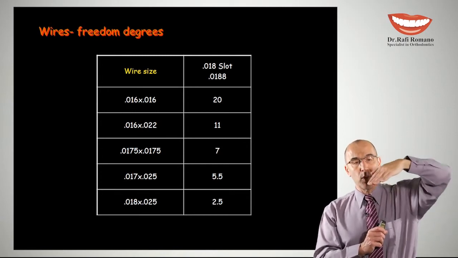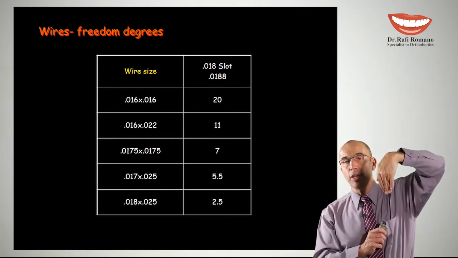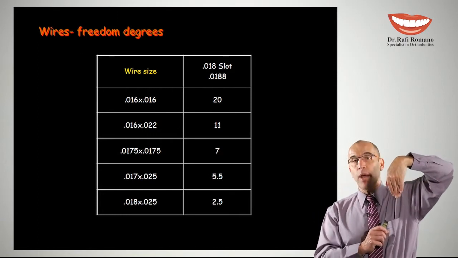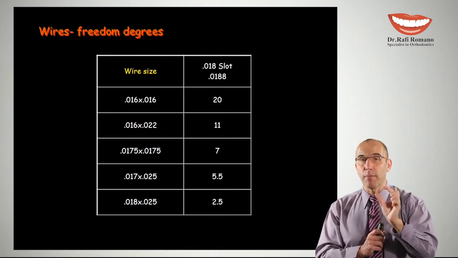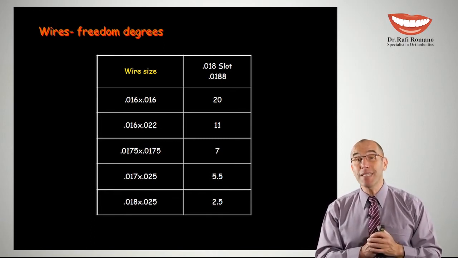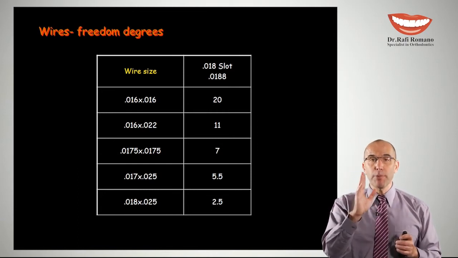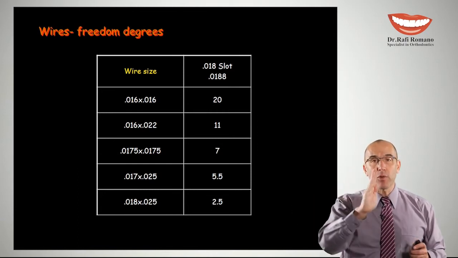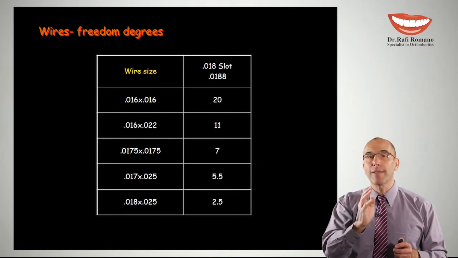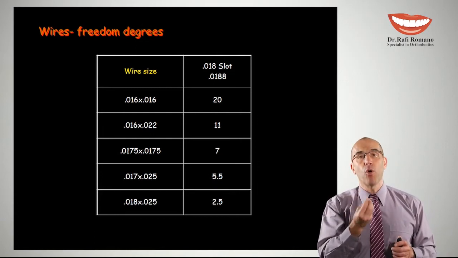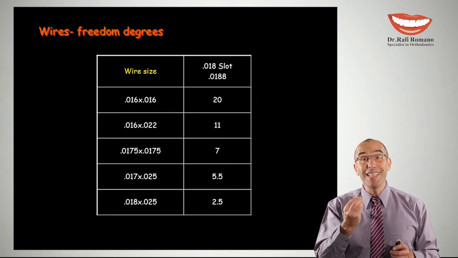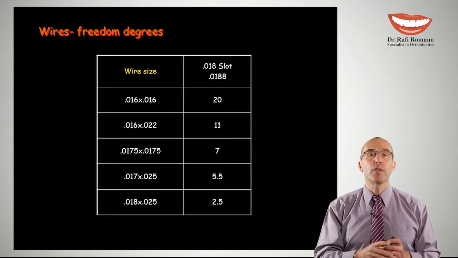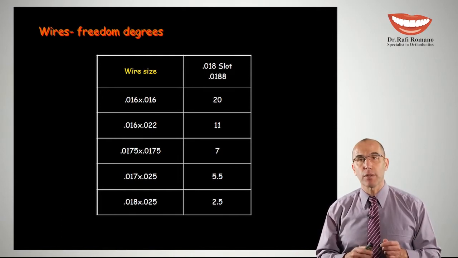And this is why, when you have a tendency for retroclination, it is better to have torque in the bracket in order to overcome it. The bracket has 60% torque in the anterior brackets, which helps you to overcome this retroclination movement. You do not get the expression of all this torque if you do not fill the slot completely, but you get at least a nice control of the torque with this rectangular slot.